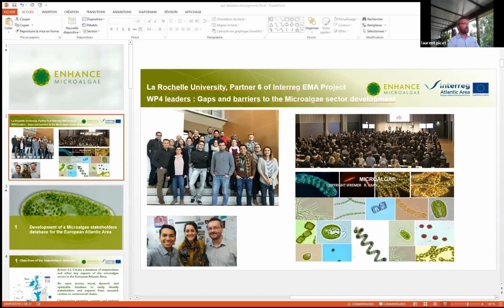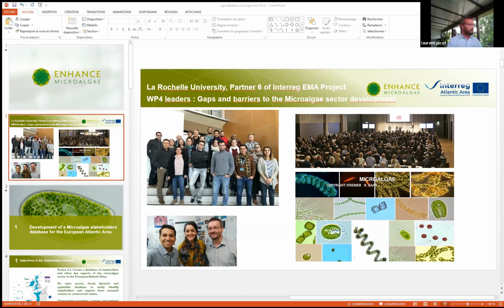It was part of Work Package 4, which is called Gaps and Barriers. The idea was to create an open access, visual, dynamic, and updatable database to easily identify stakeholders and experts from research centers to commercial chains.